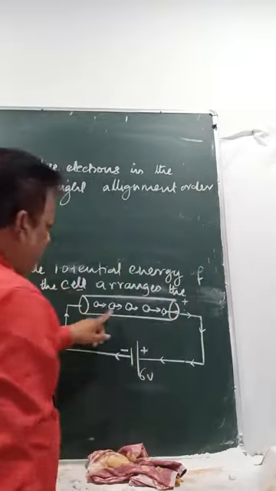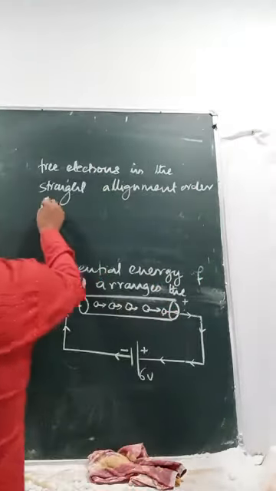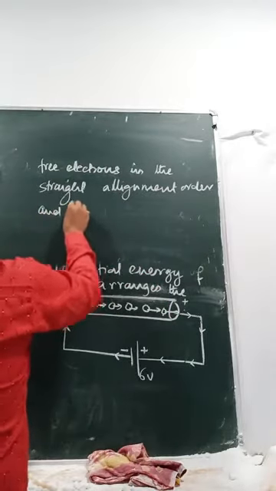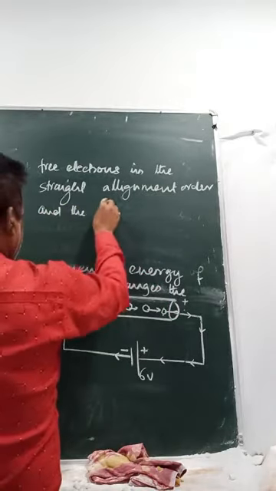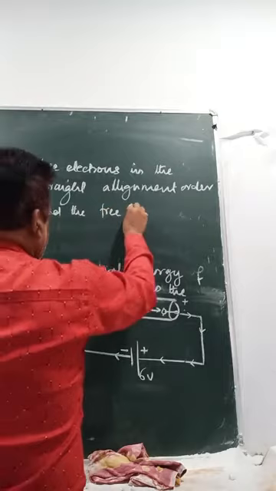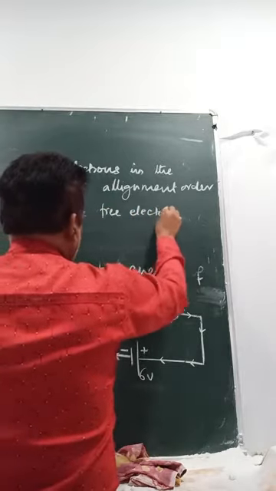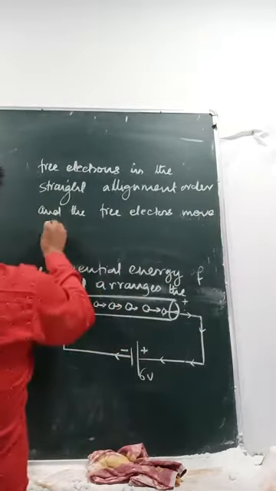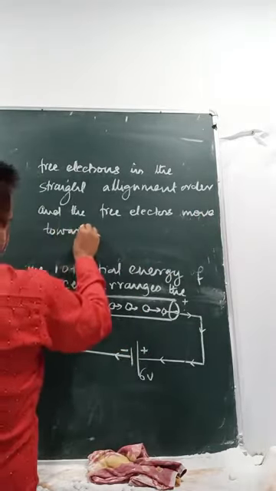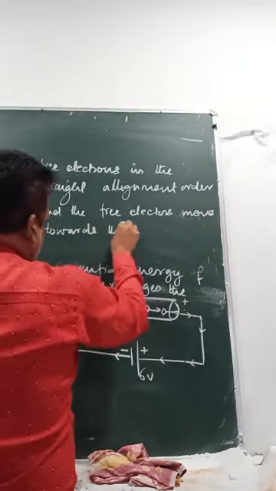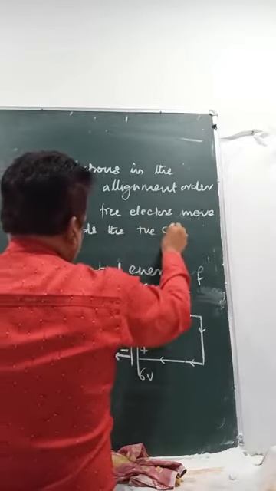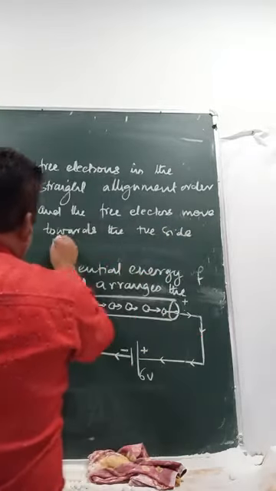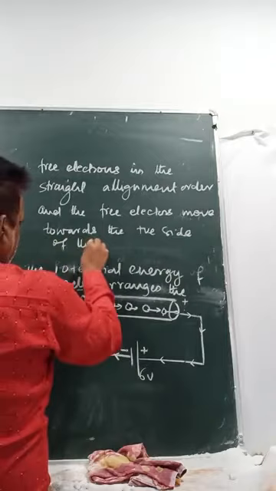This is called straight alignment order, and the free electrons move towards the positive side of the conductor.